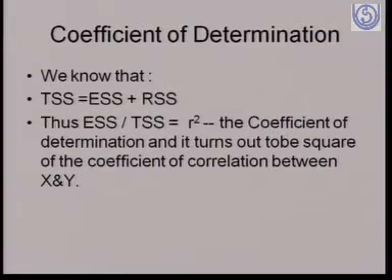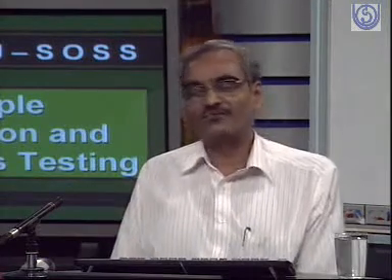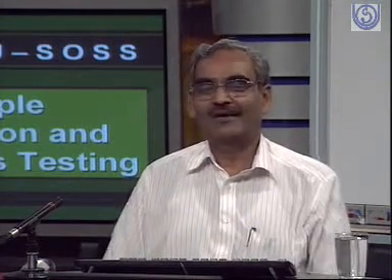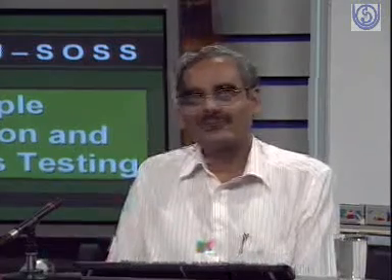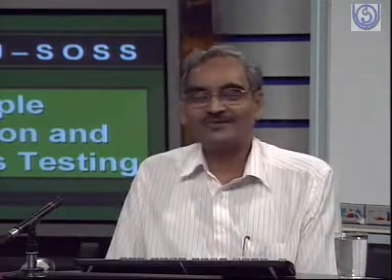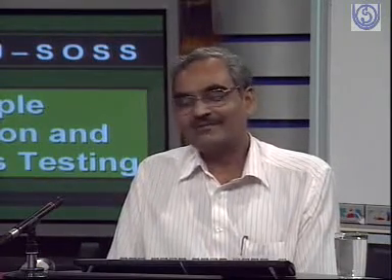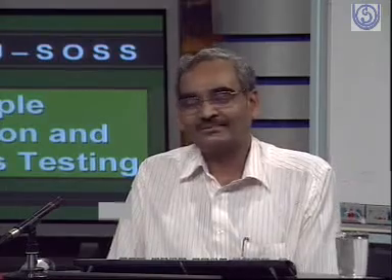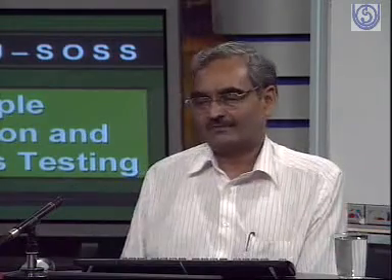Our sample regression function will be very closely mimicking the population regression function in that case. And smaller the value of r square, our model will have poor fit, will be a poor apology for the relationship between the independent and dependent variables.